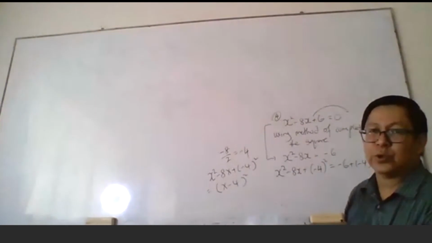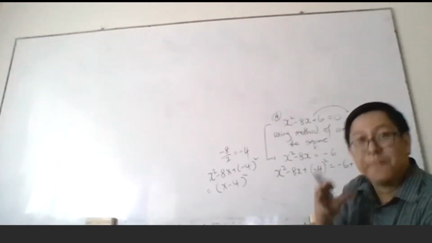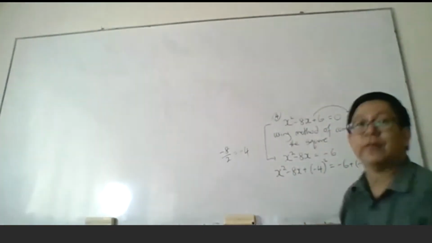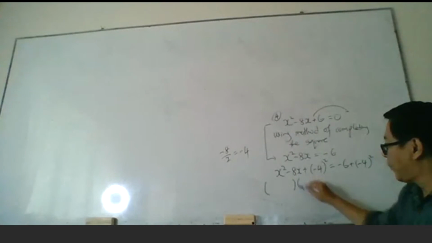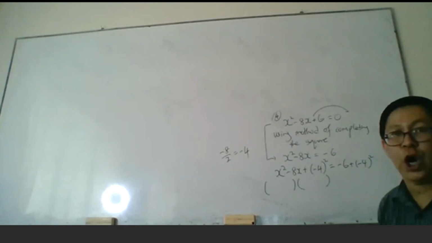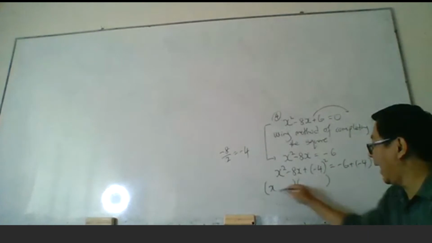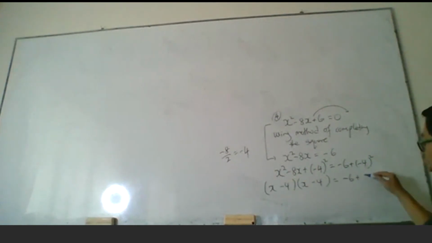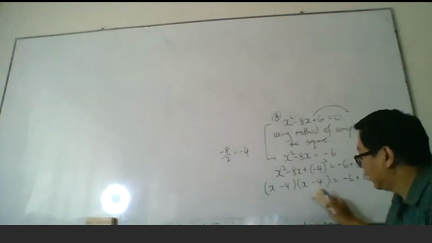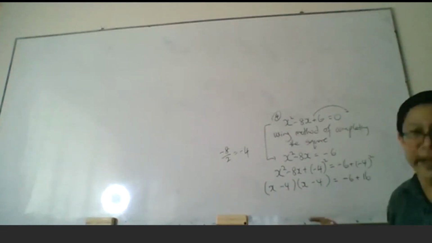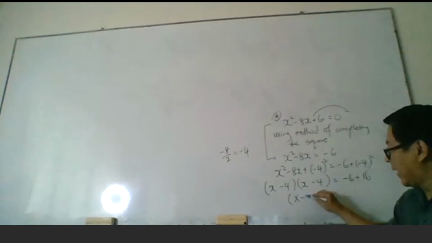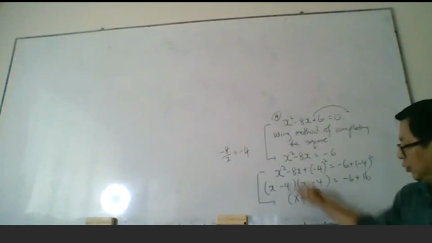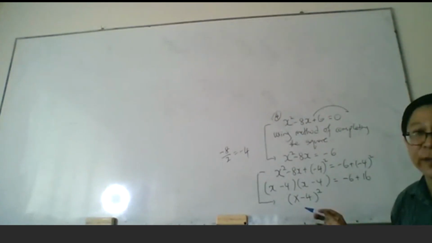Many of our lovely students are confused, so I amend it a bit for our students. I tell students to put 2 brackets, something that you learn in your lower form, like Form 2: x minus 4, x minus 4, and negative 6 plus 16. This is called 2 linear expressions. Then I can write x minus 4 bracket squared. So from this one to this one, actually it makes no difference.